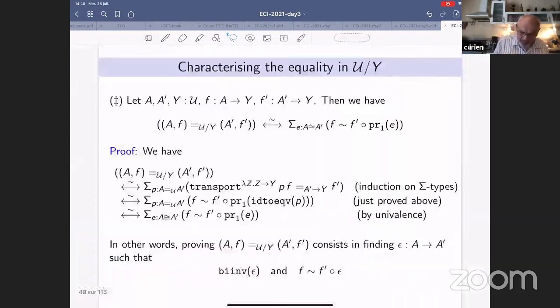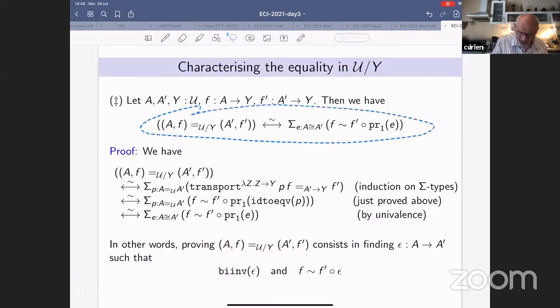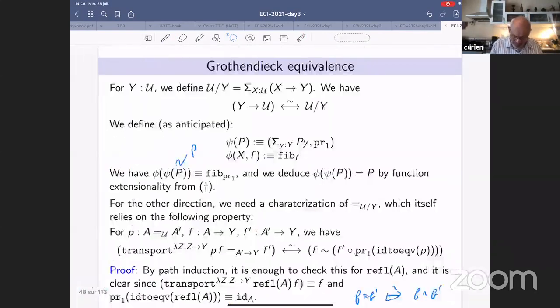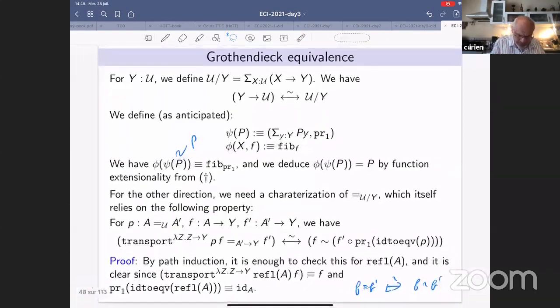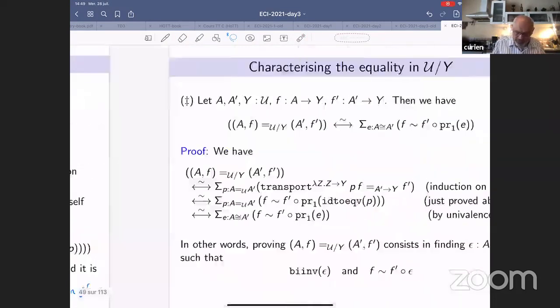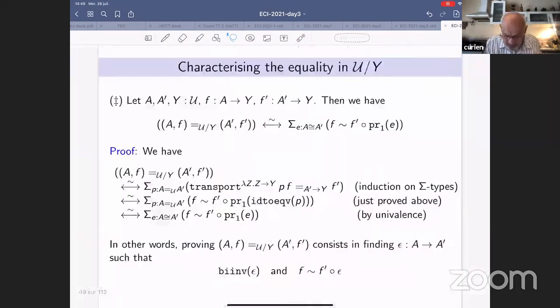Now let's prove this other fact here, which is very similar. Except that here it was about equalities. Yes, p was varying here over the equality type, while here E is varying over the type of equivalences between A and A prime. That's the only difference.